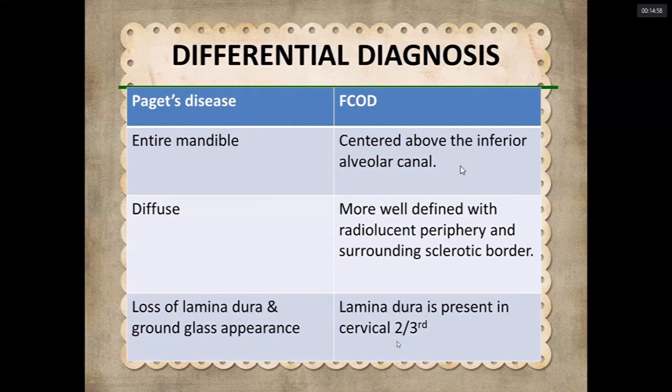One of the main differential diagnoses of FCOD is Paget's disease. These are the differentiating points between Paget's disease and florid cementoosseous dysplasia. Paget's disease involves the entire mandible, whereas the florid type of cementoosseous dysplasia is always centered above the inferior alveolar nerve canal.